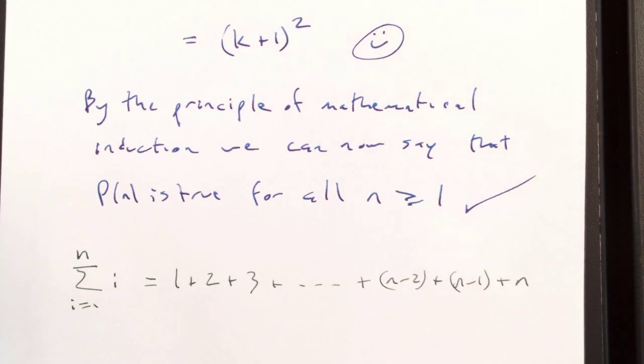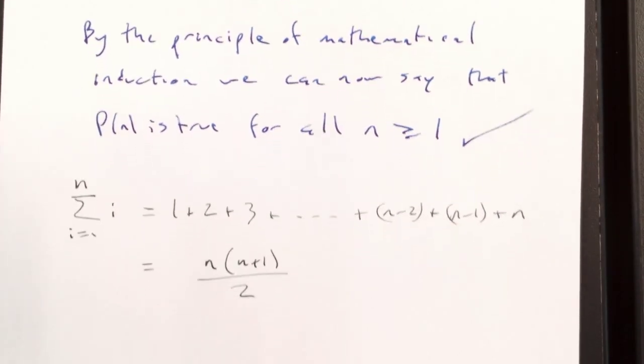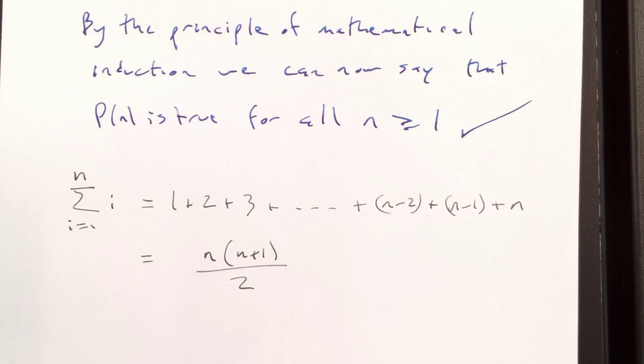I can pair up the 2 with the n minus 1, I get n plus 1. And I end up with n over 2 pairs, each valued at n plus 1. So I get n times n plus 1 over 2. But technically, that's not a proof.